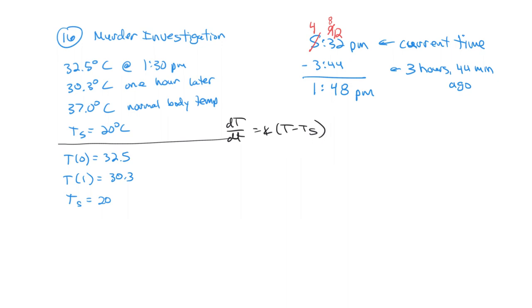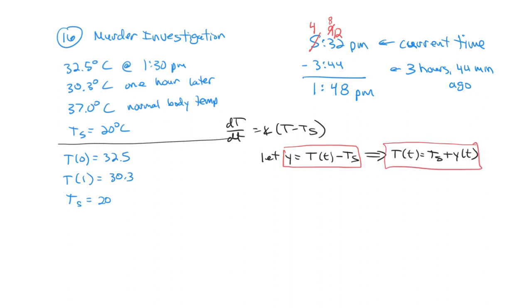So let y equal T minus T sub S, and that implies that T of t equals T sub S plus y of t. I'm not sure why I didn't put the independent variable in here, but there we go. Once we solve for y, we're going to use this to get our y values.